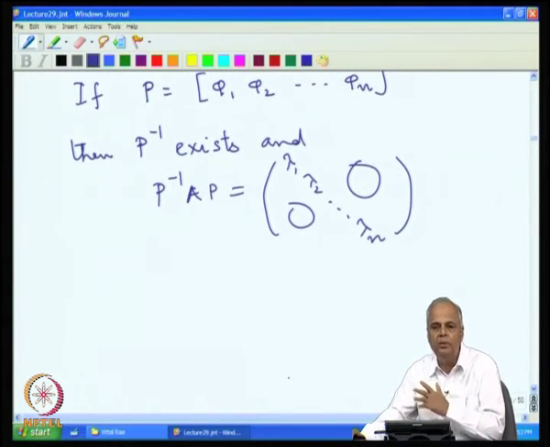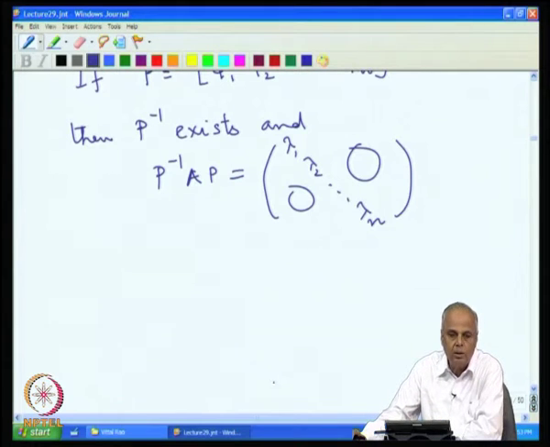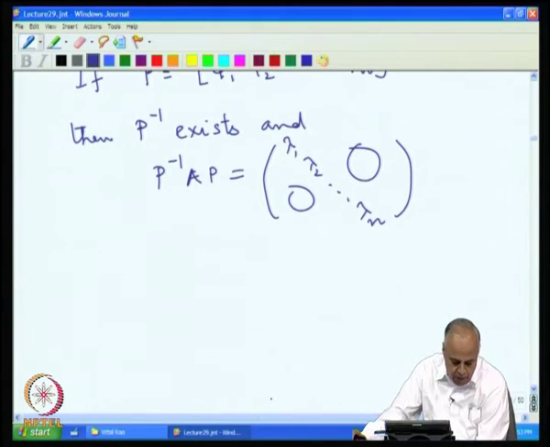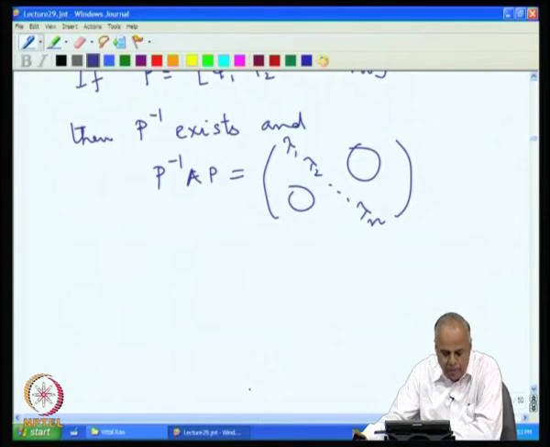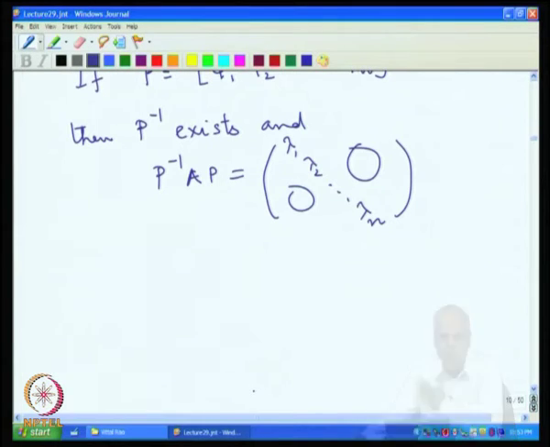Therefore, the moral of the story is: whether you want to decide if a matrix is diagonalizable or not, and when you have decided that it is diagonalizable, how do you diagonalize it? What is the matrix P that makes P inverse A P diagonal? All these depend on finding these eigenpairs. If there are n eigenpairs, we are done. We know it is diagonalizable, and we can construct the matrix P with these n eigenvectors as columns. So, our search therefore is for these eigenvalues and eigenvectors.